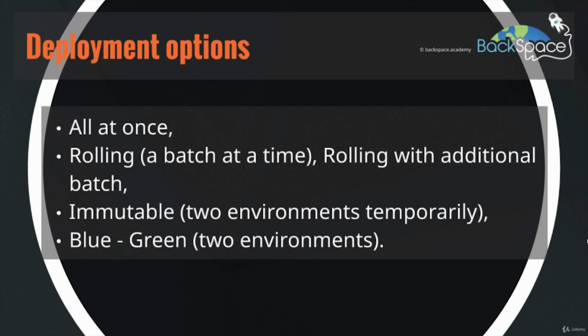And finally, we've got blue-green deployments, and they will have 2 environments that will be running your application under the one Elastic Beanstalk application. And so what that is you'll have a blue environment and a green environment. One of those could be a development environment, and the other one could be your production environment. So when you get to the stage where your development environment is ready to go to be deployed, to deploy that, all you simply need to do is to switch over from one environment to the other environment.